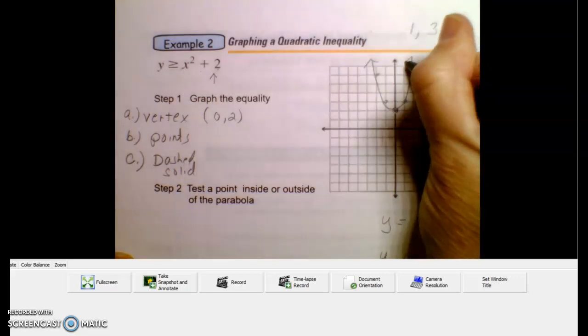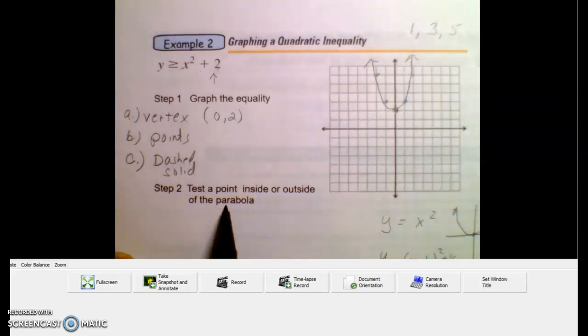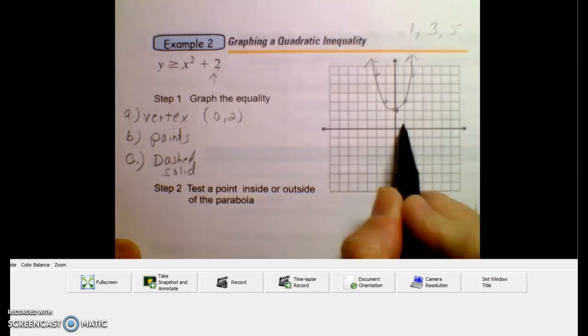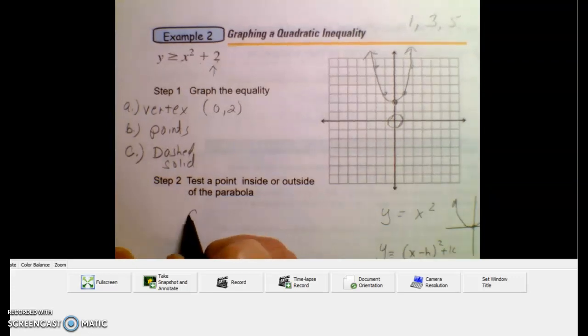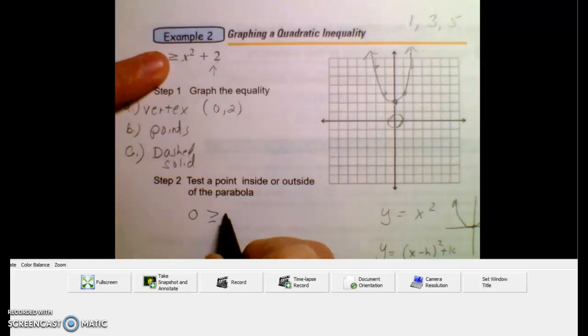Now the only problem with my test point now is that I like to use 0, 0. I can still use 0, 0 because it's down here. So I'm going to put that in. 0 is greater than or equal to 0 squared plus 2. 0 is greater than or equal to 2.